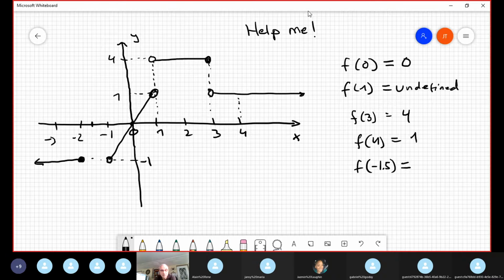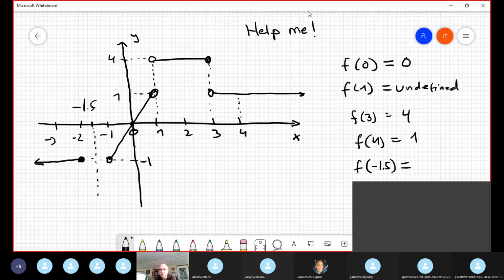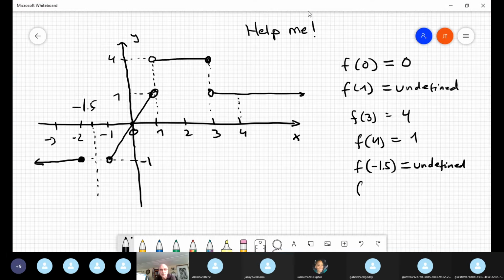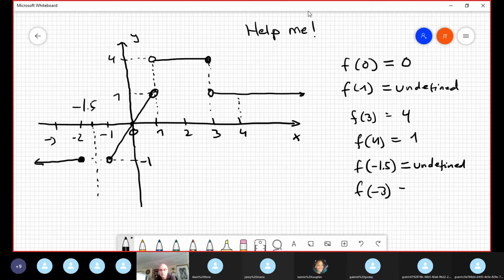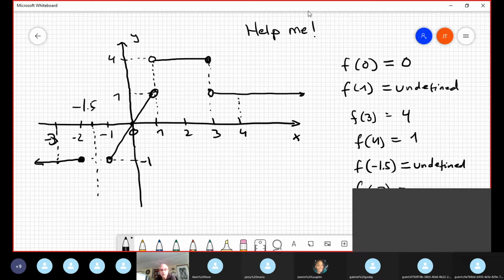Here, negative 1.5. Undefined, because we have no function in this interval. And evaluate the function at negative 3. Here, negative 3. Negative 1, very well. Okay.